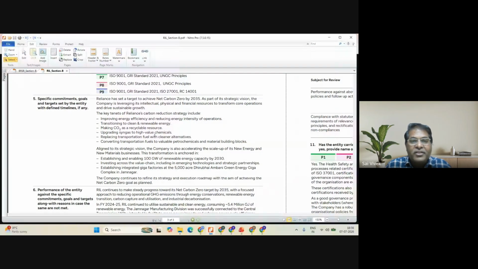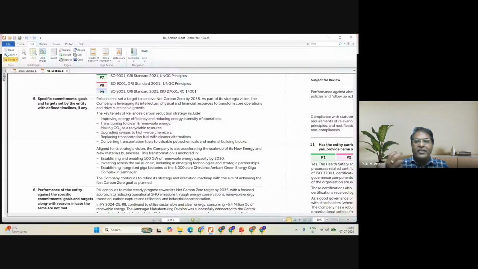Replacing transportation fuel with cleaner alternatives. Fuel used for transportation is replaced with, say, solar energy or tidal energy. Cleaner alternatives are used. And what we do for the fuel which we have replaced is covered in the next point. Converting transportation fuels to valuable petrochemicals and material building blocks.